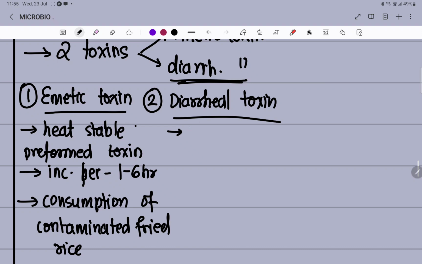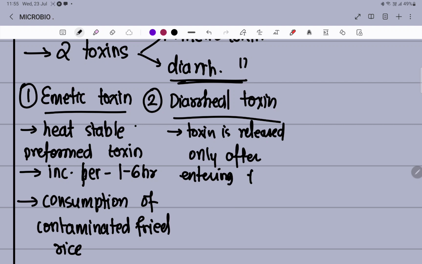Now you know that this toxin is released only after entering the intestine. Now you know why the incubation period in this case is 8 to 16 hours.